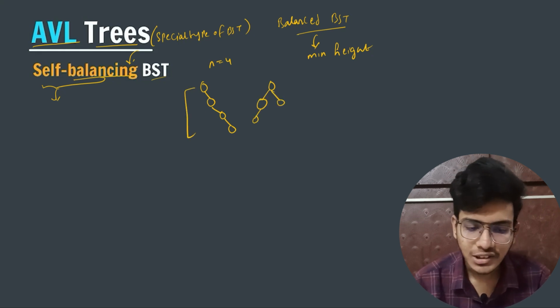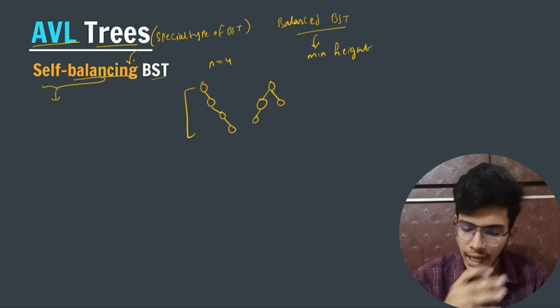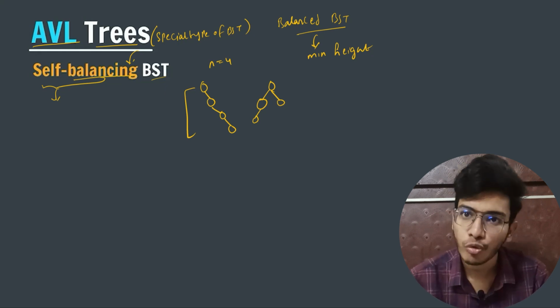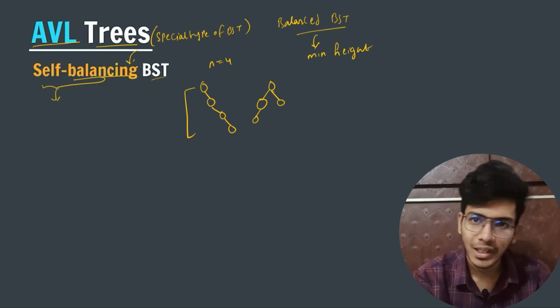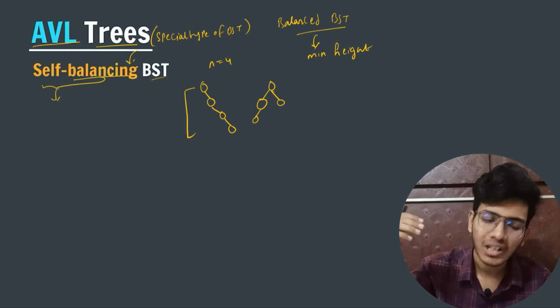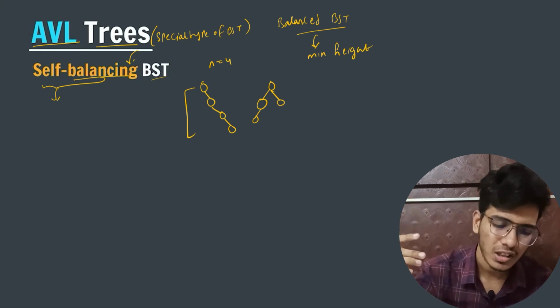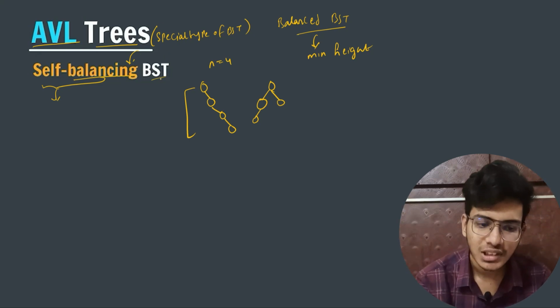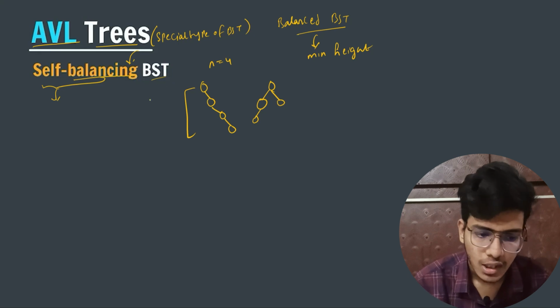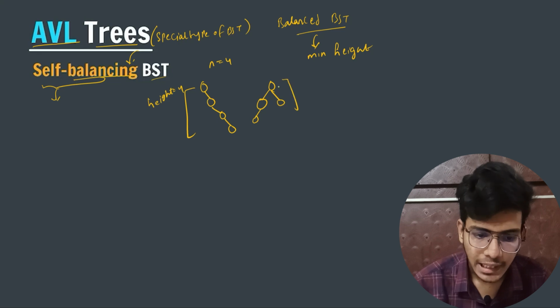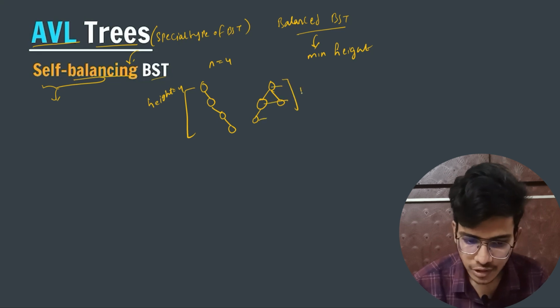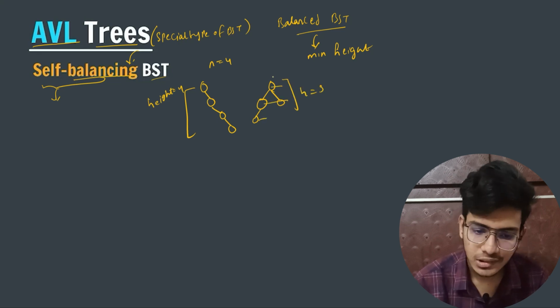In the first structure, you can see that I have created my BST in a skew format, going in depth. In the skew structure the height is 4, and in the second structure the height of the tree is 1, 2, 3, so the height is 3.